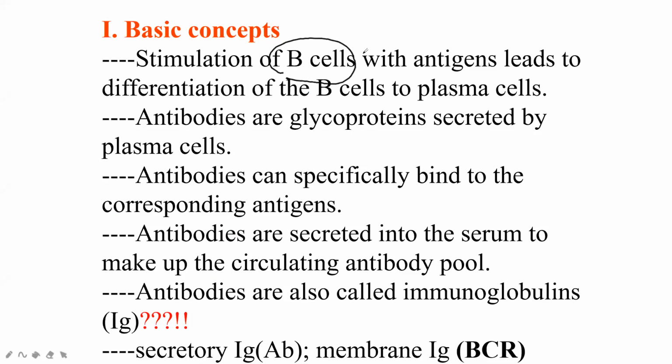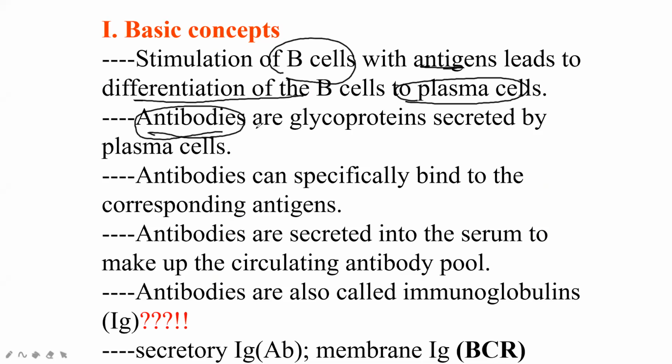The B cell, stimulated with antigen, leads to differentiation of the B cell. B cell changes to pro-B cell, pre-B cell, immature B cell, then mature B cell, which changes to plasma cell. Plasma cell produces antibody.